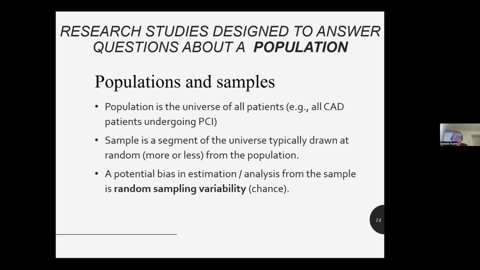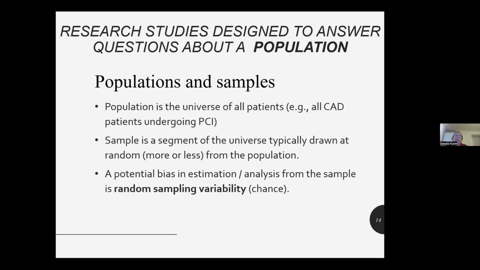We refer to this as random sampling variability, or more shortly, chance. In other words, for the patients that you sample for your study from your population, there's always a possibility that random sampling variability is going to negate the results that we get.